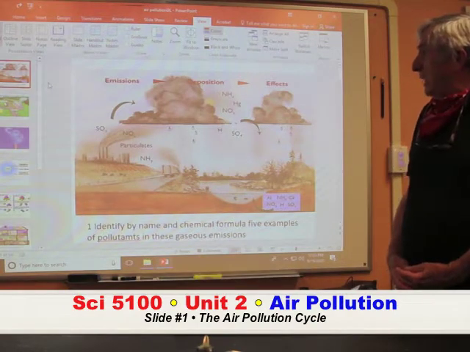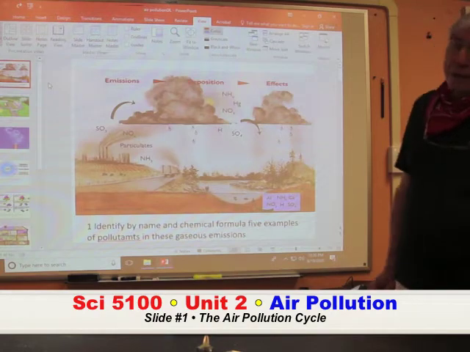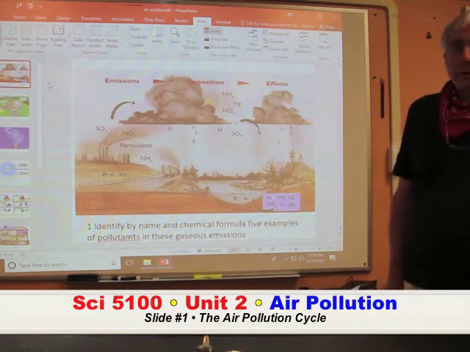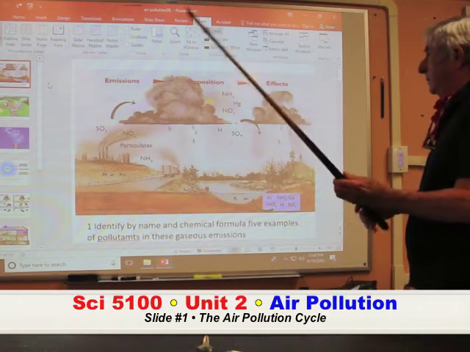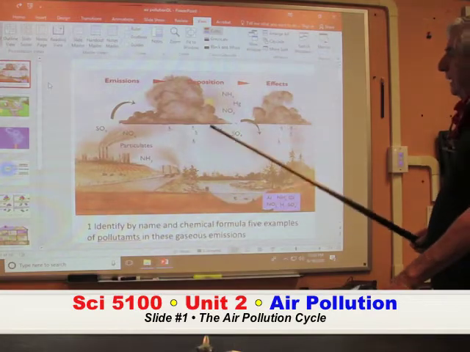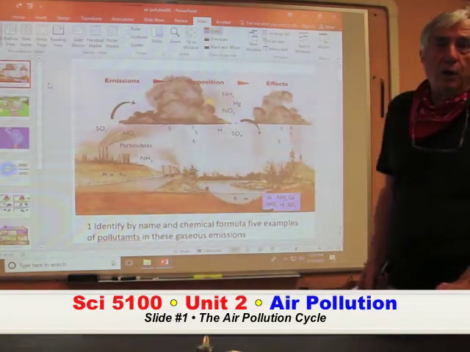If you take a look at the slide here, you can see one major source of air pollutants is found in smoke. For example, an industrial plant that uses a fuel, the fuel being either oil, coal, or gas.